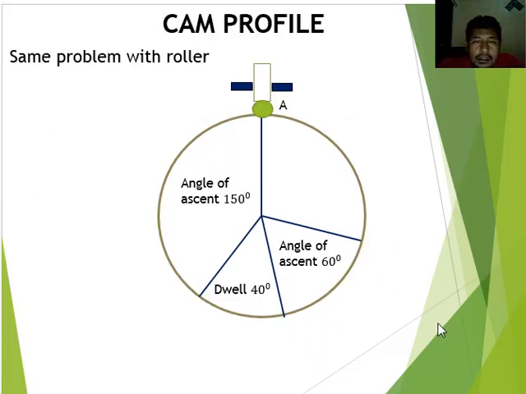How about the roller type of follower? This problem is the same as the knife edge. The difference is only the roller dimension.